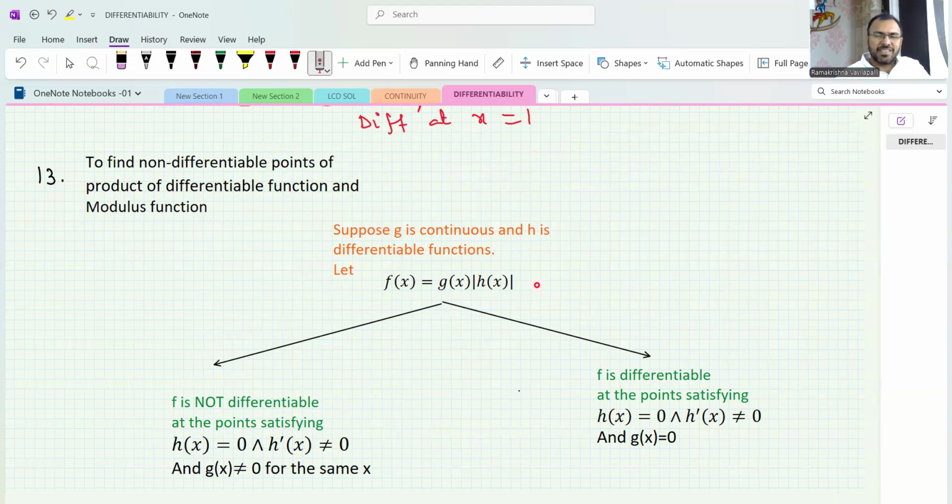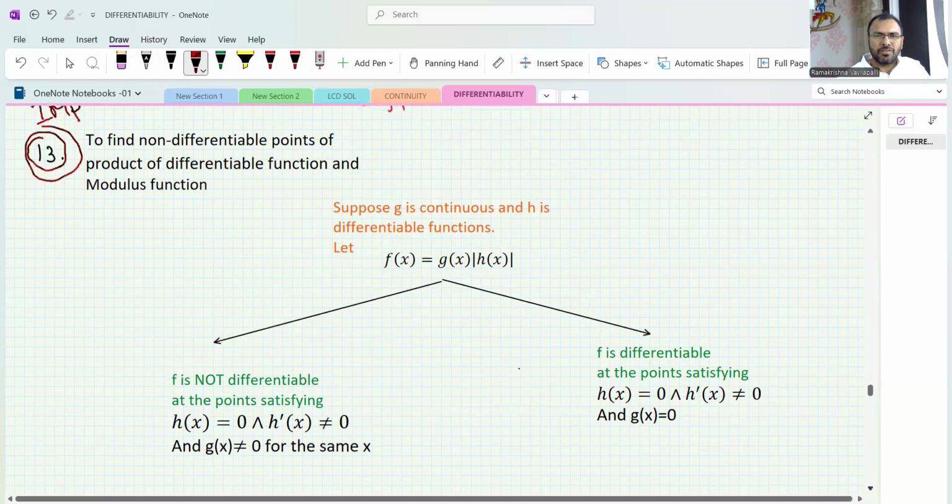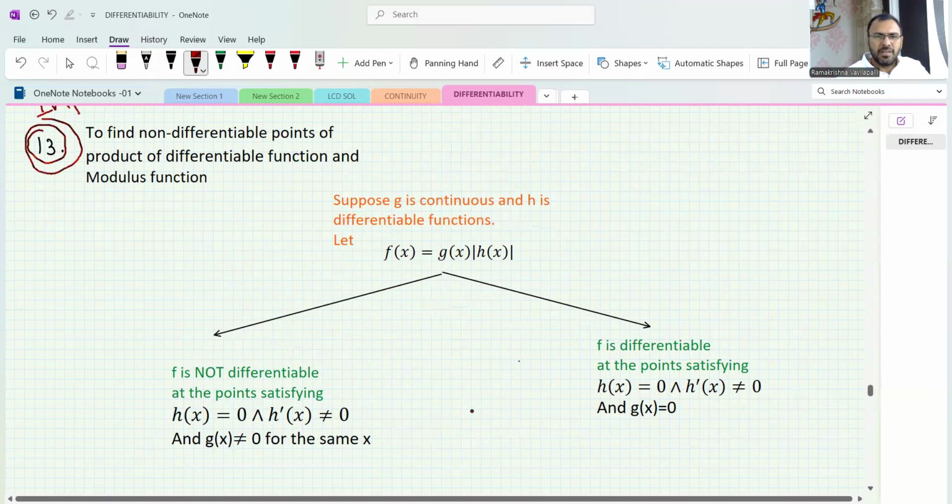This is very, very important. It will help you a lot to solve some difficult questions using this method.